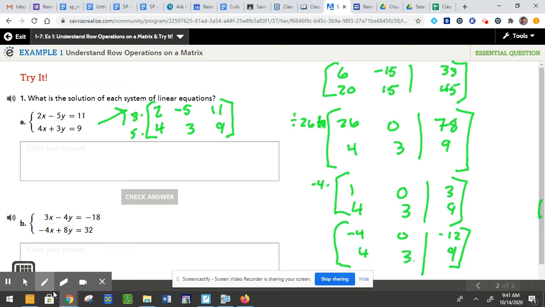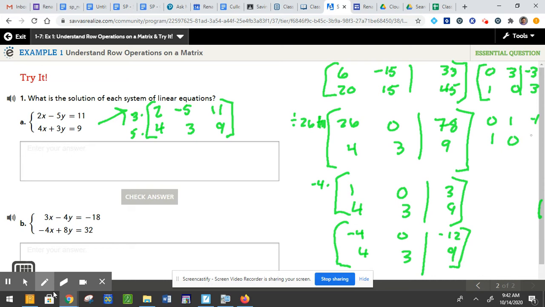When I add those together, I get 0, 3, -3. All right. And now I can also, again, revert back to the 1, 0, 3. And then if I divide that row by 3, I get 0, 1, -1.